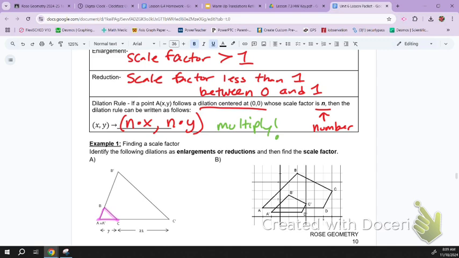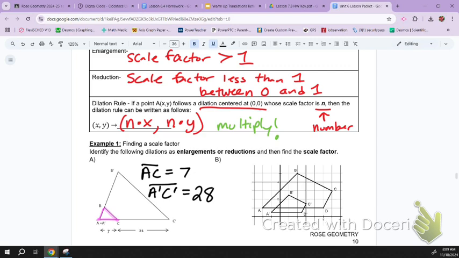So I'm going to say AC is 7. I'm going to say A prime, C prime. What's the length down here, the total length for the bigger triangle? 28. Good, 28.